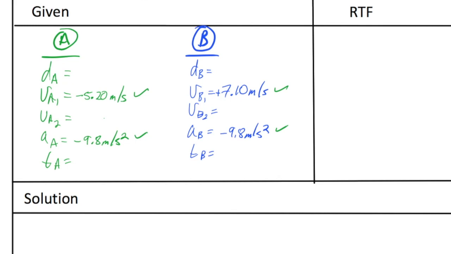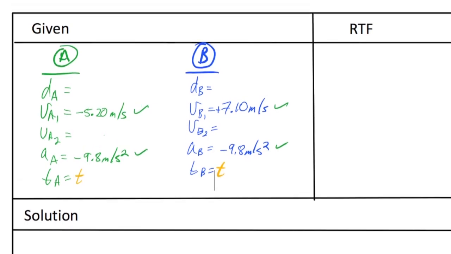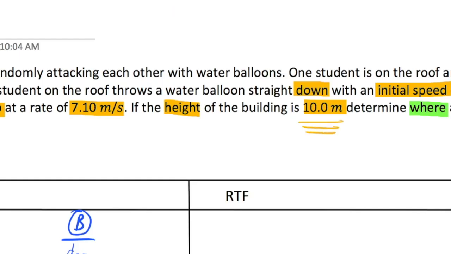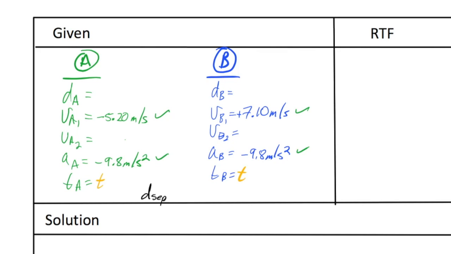So the first assumption, which is a very good assumption, is that both times are the same. The other piece of information we were given is the height of the building. What that implies is that the balloons were that far apart initially. This means that our separation distance, or dSep, is equal to 10 meters.